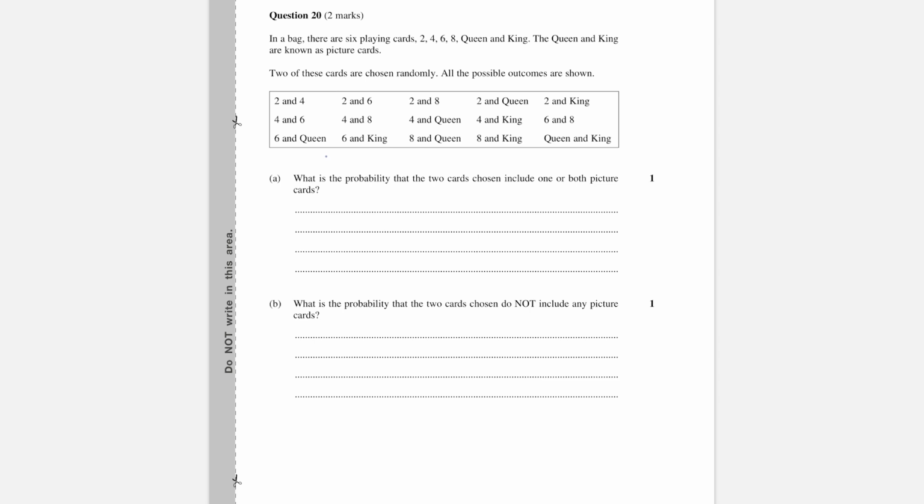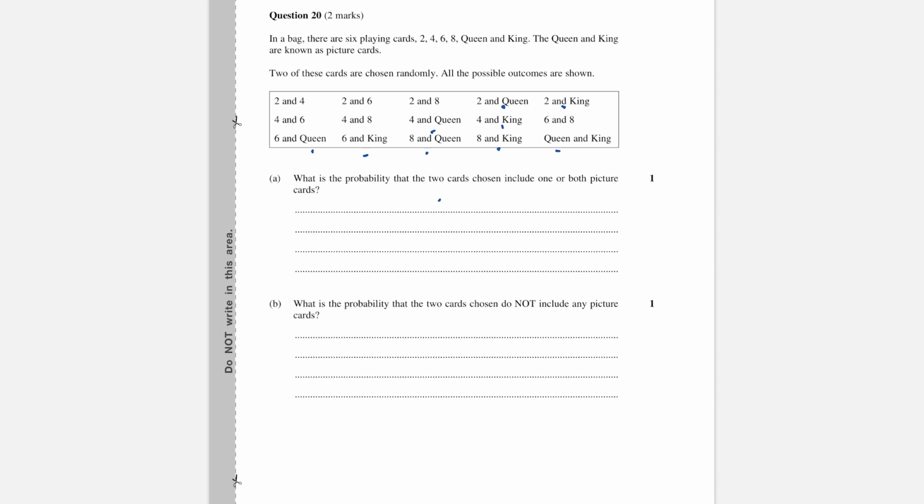Question 20. In a bag, there are 6 playing cards: 2, 4, 6, 8, Queen and King. The Queen and King are known as picture cards. 2 of these cards are chosen randomly. All the possible outcomes are shown. What is the probability that the 2 cards chosen include one or both picture cards? Okay, so we can just count up the number of combos that have a queen, a king, or both of them. So that's going to be 1, 2, 3, 4, 5, 6, 7, 8, 9.